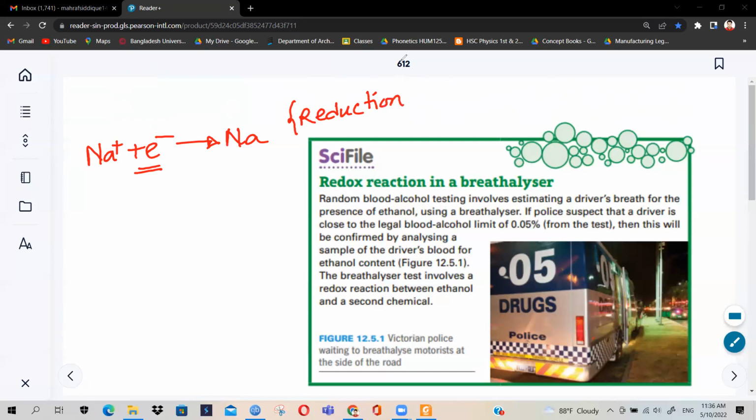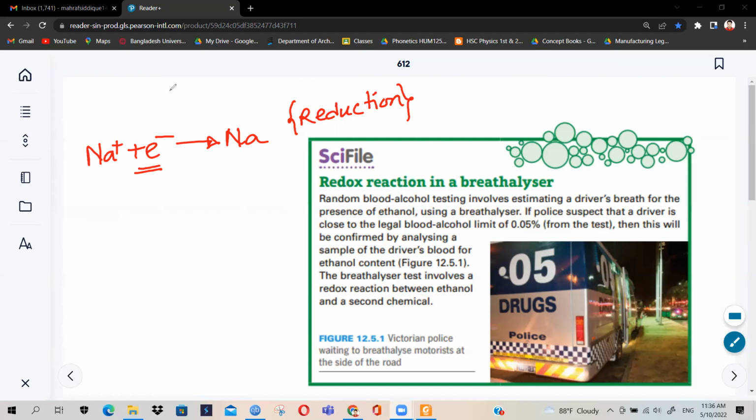Now, would we find a reducing agent here or an oxidating agent here? Can you hear me? Okay. So what I was saying is, would you find an oxidating agent here or a reducing agent?